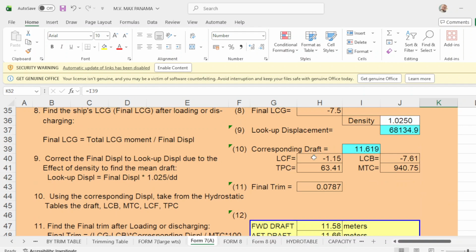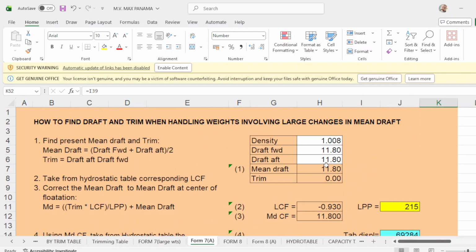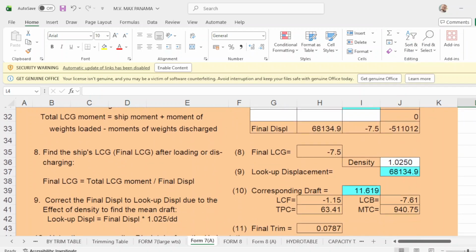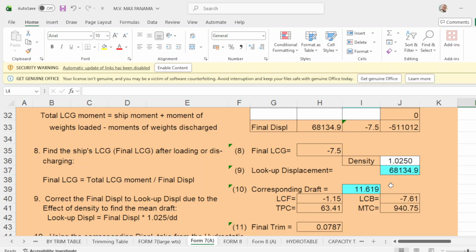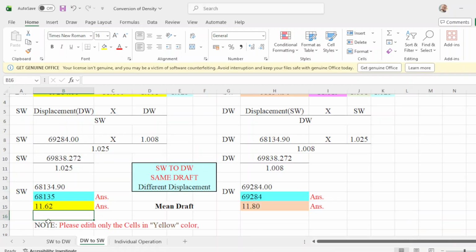Okay, if from this density of 1.018 you go to density 1.025, then your drop will be 11.619, which is the same here.